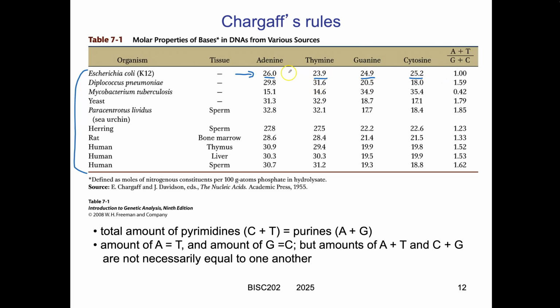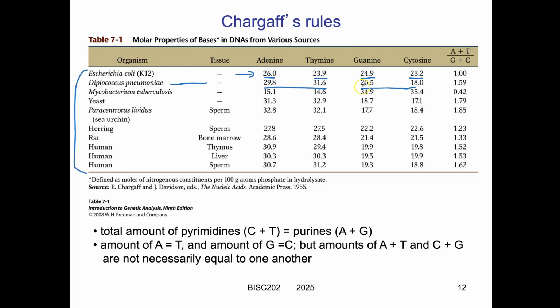This is of interest, but this is not very useful if you're trying to understand how the molecules work. However, if you looked at a different species of bacteria, there was considerably more adenine and thymine and considerably less guanine and cytosine. So now we're seeing differences, and the differences are what might tell us something about how the molecule is structured.